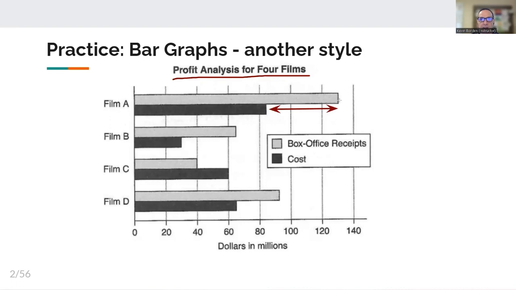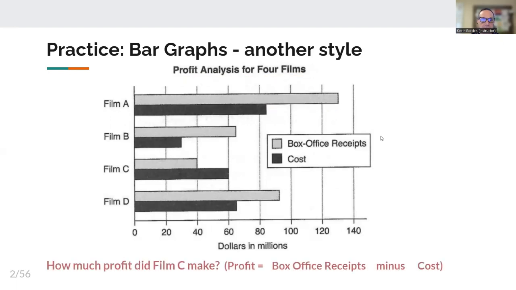In order to calculate that, we would have to estimate the sales or the box office receipts, and we'd have to estimate the cost and then subtract the two. Let's look at the question that's being asked here. How much profit did film C make? All right, so we focus on film C.